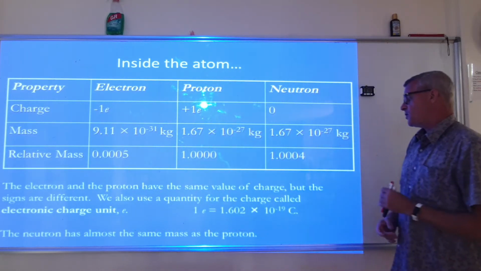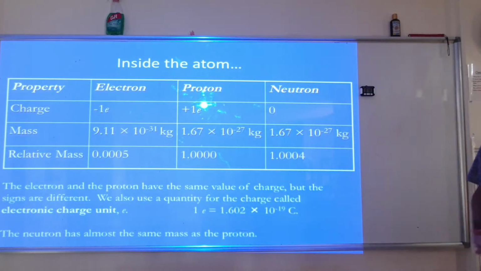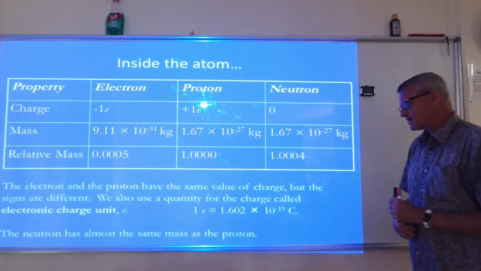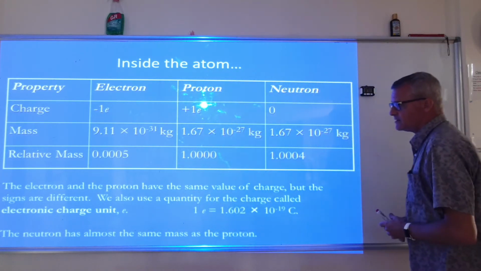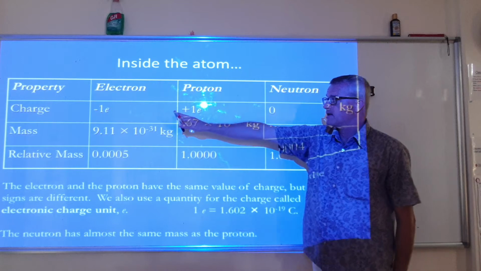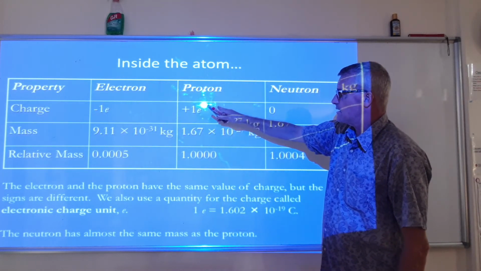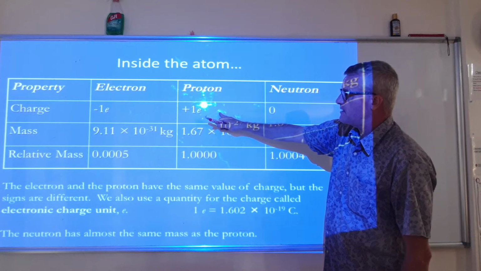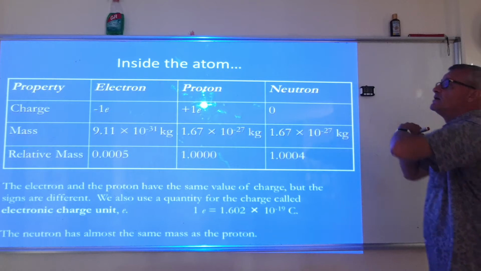Know that the unit charge of one electron is 1.6 times 10 to the negative 19 coulomb. So one electron equals the amount of charge of the proton.